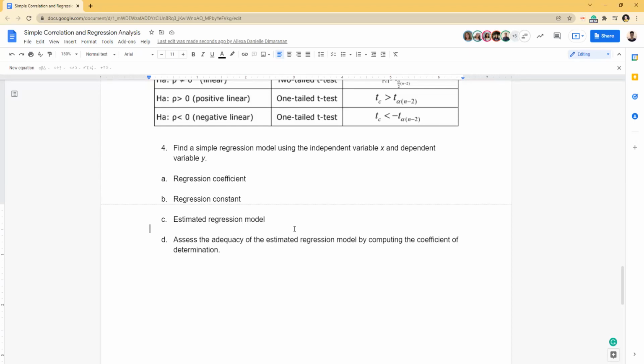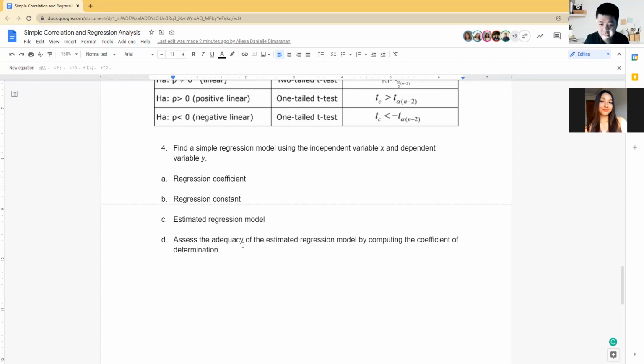In y equals mx plus b, m is your slope and b is your y-intercept. That's what we'll get for the regression coefficient and regression constant. Let me look for the formula so that we can compute these coefficients manually first before we get our calculator later.